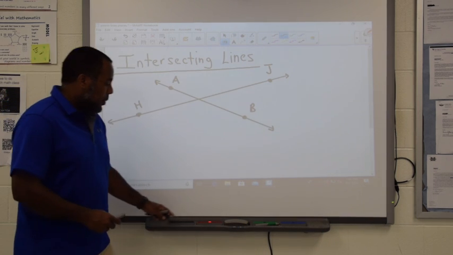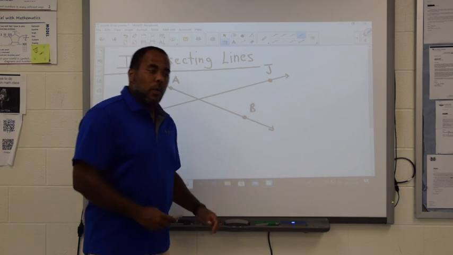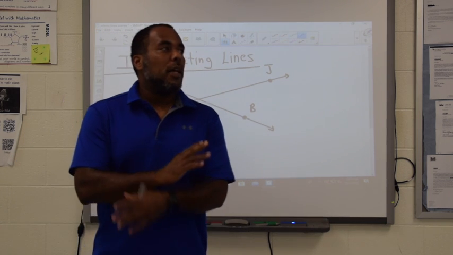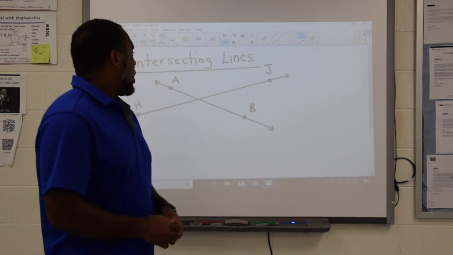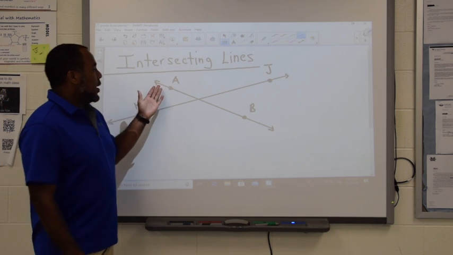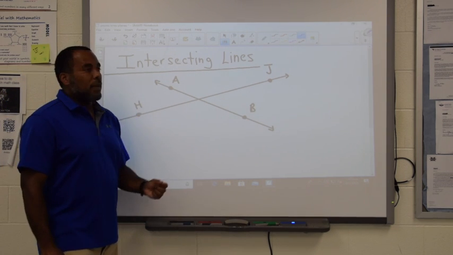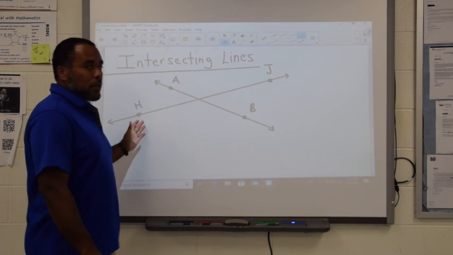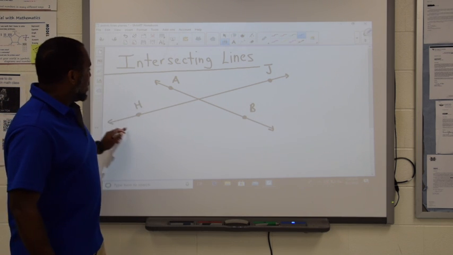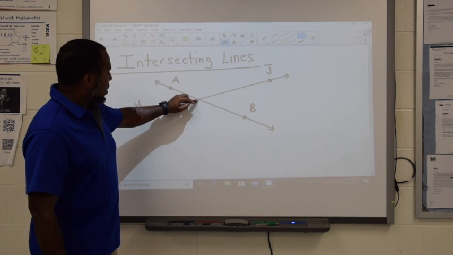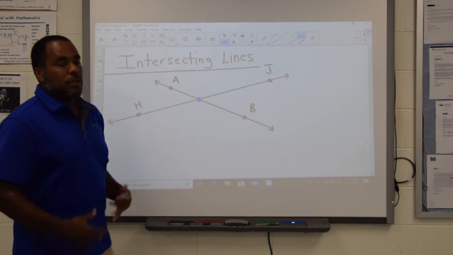The question comes up, what happens when you intersect lines? You have intersecting lines. Here I have line AB, and I have line JH. And they intersect right here. They do intersect at a point.